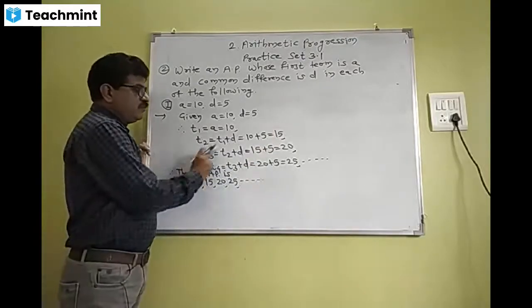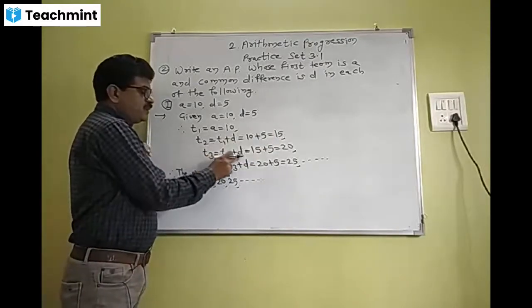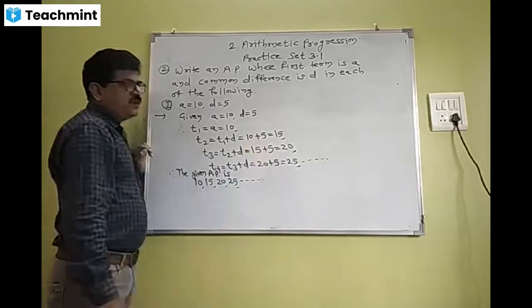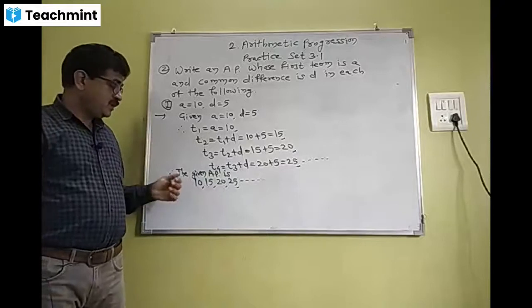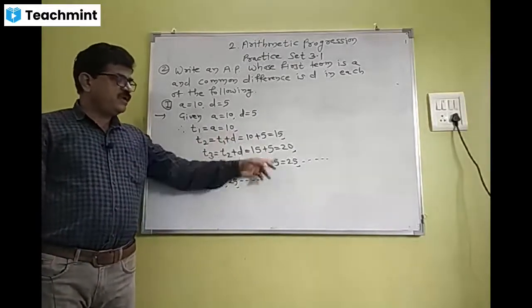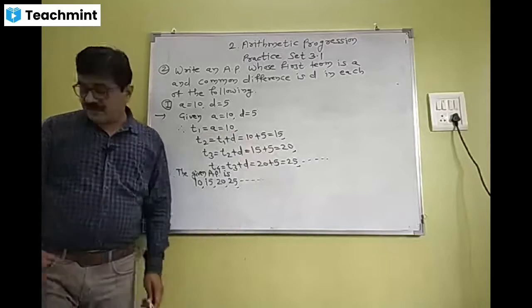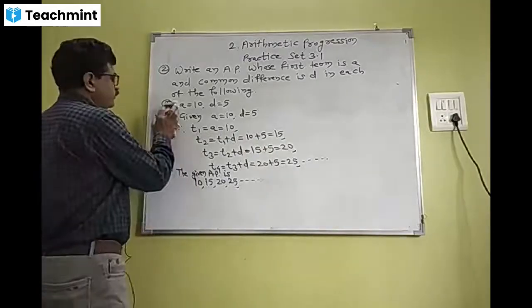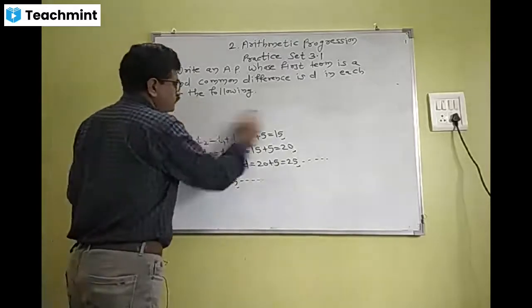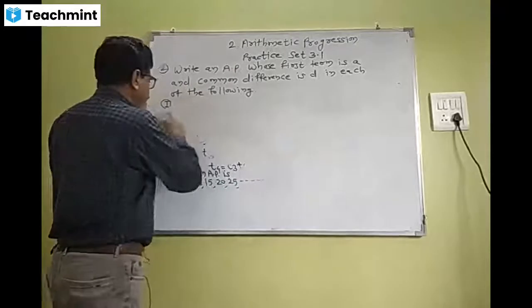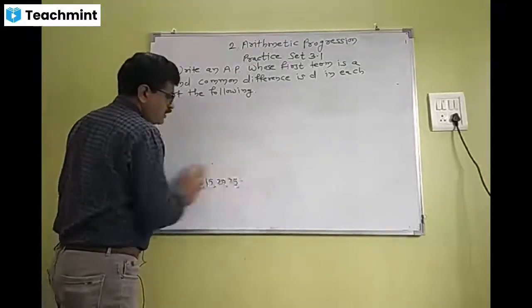Third term, previous term T2 plus D. Therefore, 15 plus 5 is equal to 20 and so on. Therefore, the given AP is 10, 15, 20, 25 and so on. This is the answer. Write down number 2.